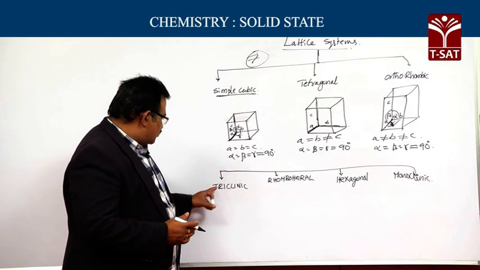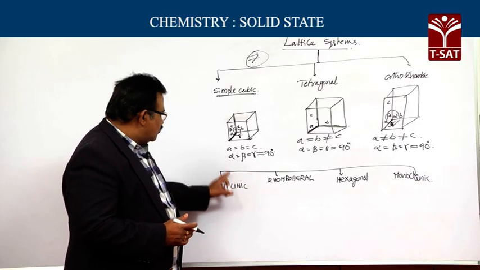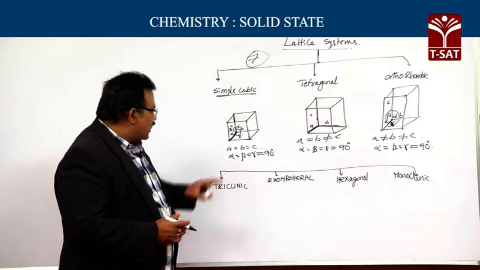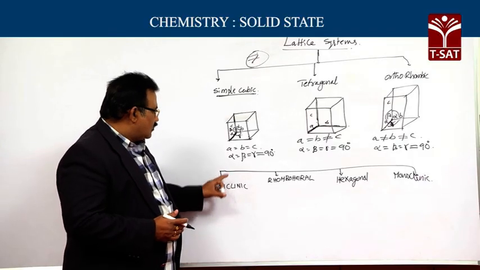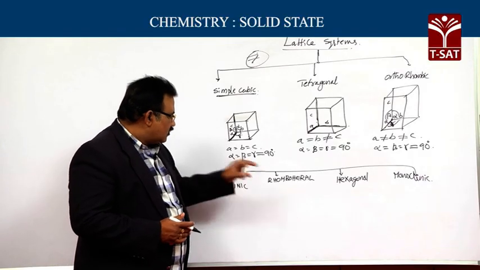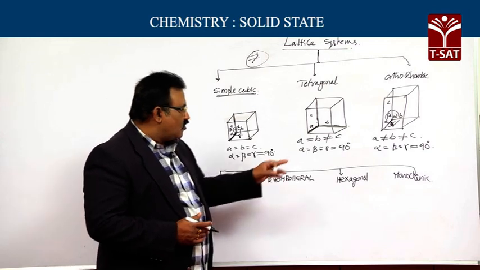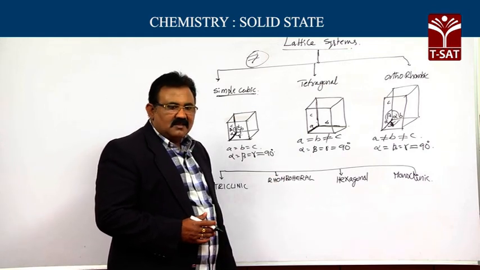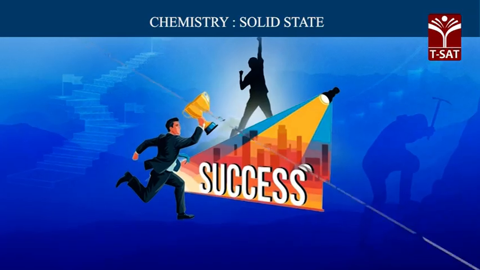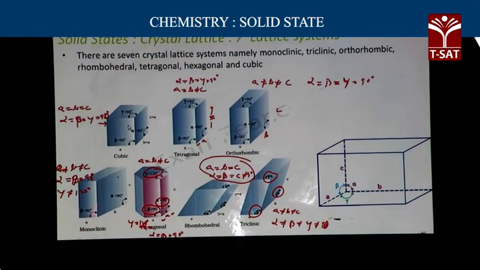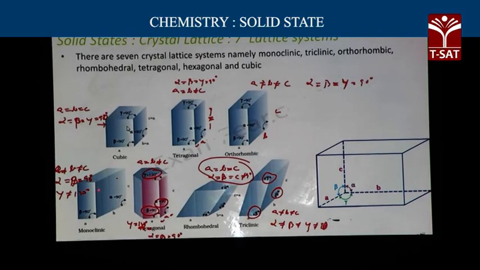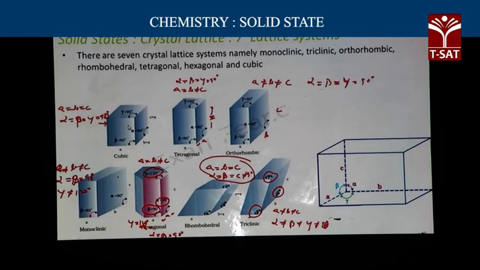So, in the next slide, I would like to explain about triclinic, rhombohedral, hexagonal and monoclinic. Let us see. When we talk about the monoclinic crystal system, here one length is different, whereas the remaining 2 lengths are the same.